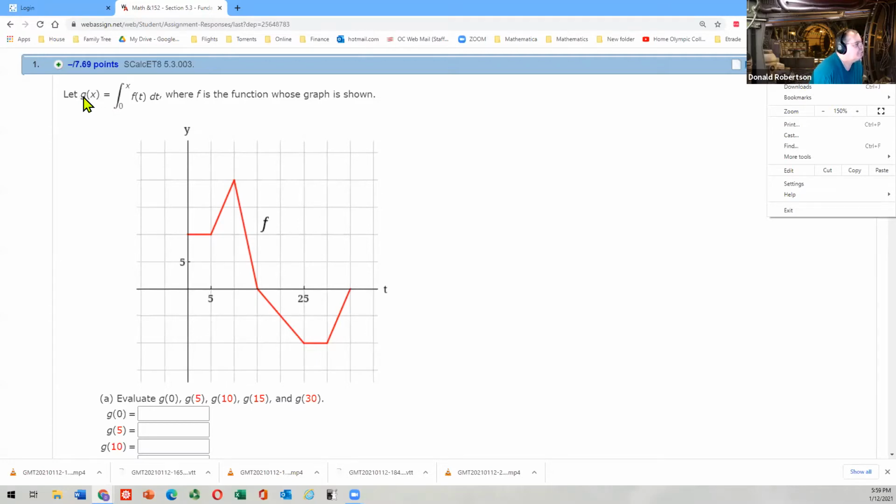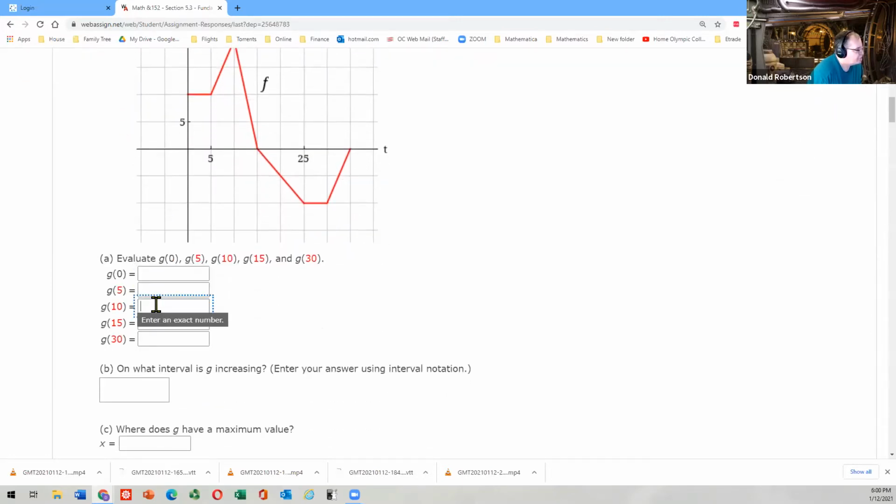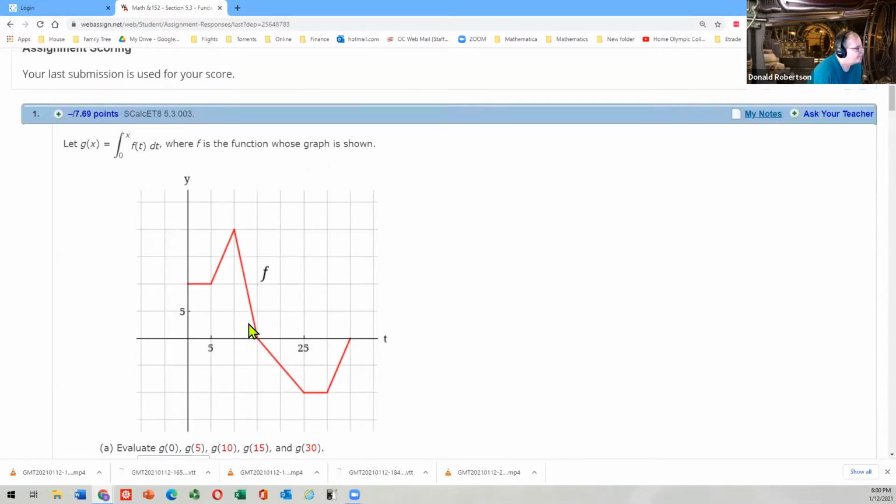And the area function G of X is equal to the area from 0 to X of some function f of t. So here is the zigzag function for f of t, right? And the area function G of X is the area from 0 up to whatever X is. Now, based on this definition, we are going to find most of these guys.